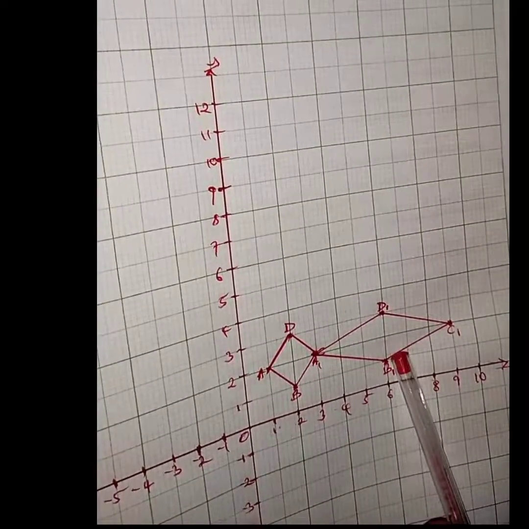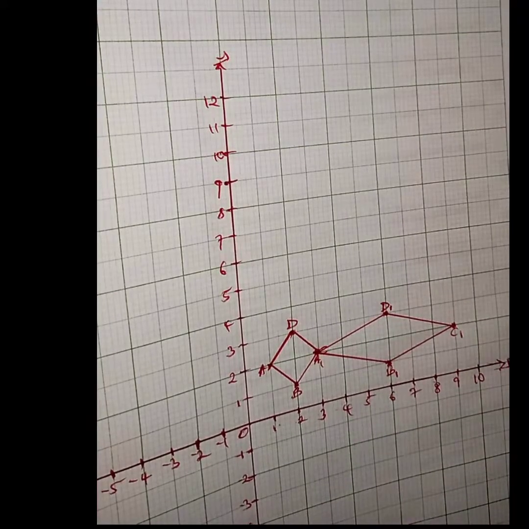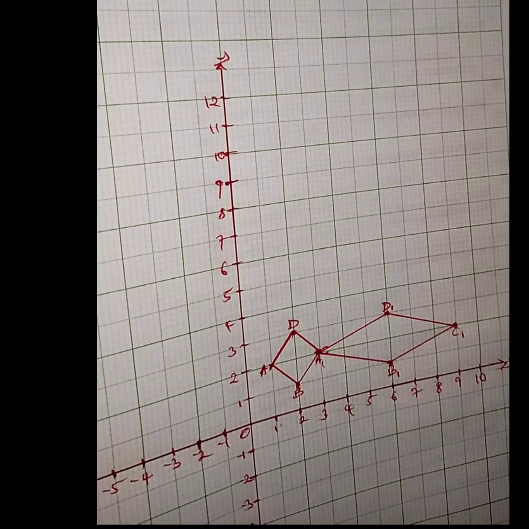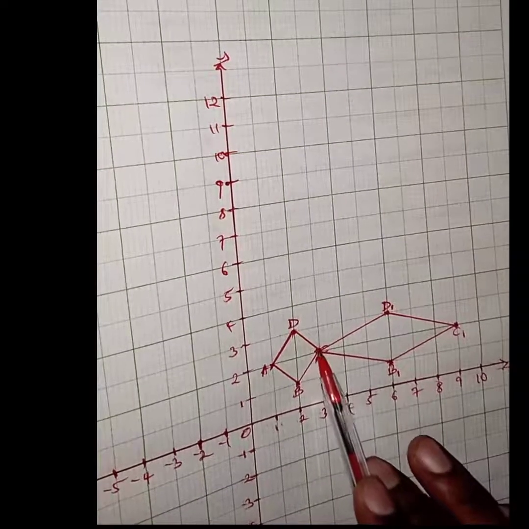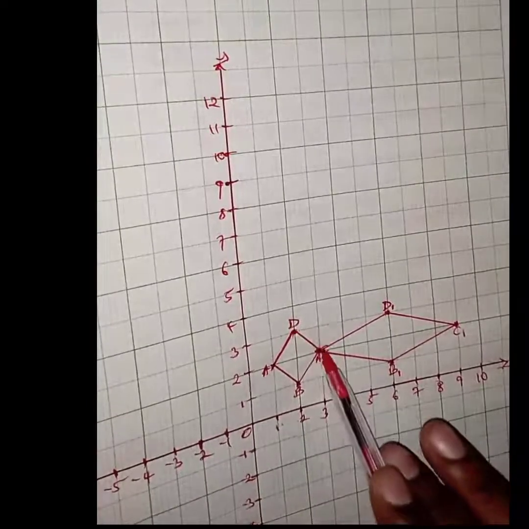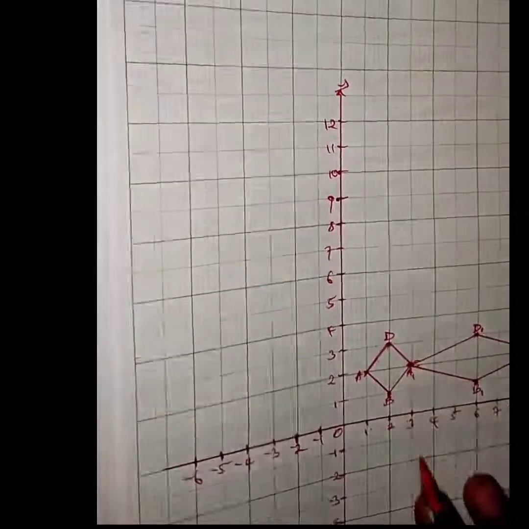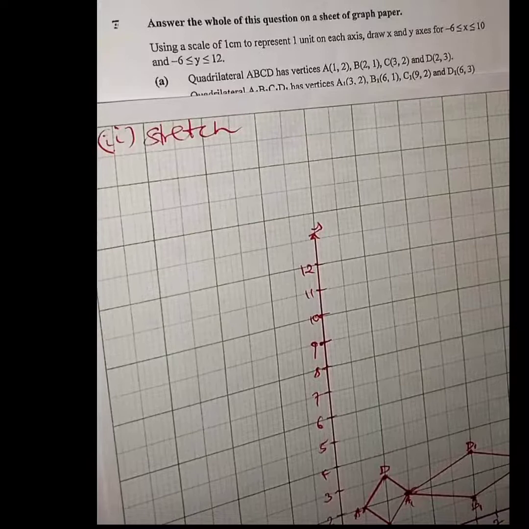Remember, in the previous videos we talked about 6 transformations: translation, reflection, rotation, enlargement, shear, stretch. So what could be this type of transformation? This one is a stretch. A stretch is the one which usually starts from within the shape itself. It is like enlargement, but in this case, this is a stretch. So you state it like that, stretch.